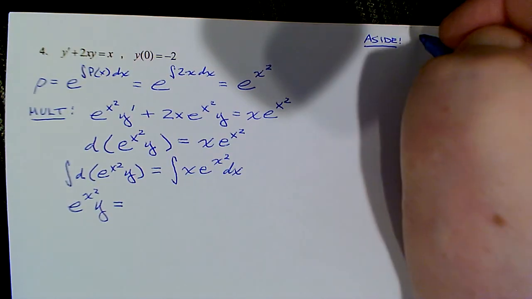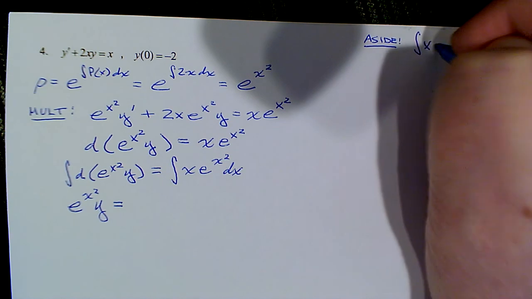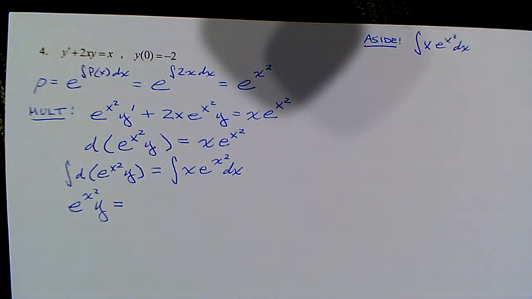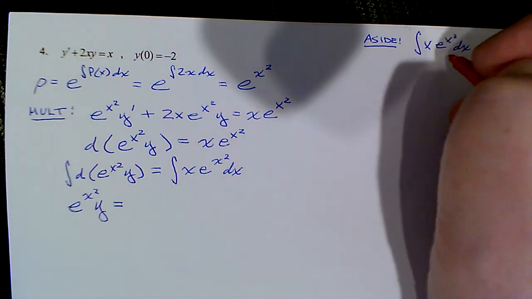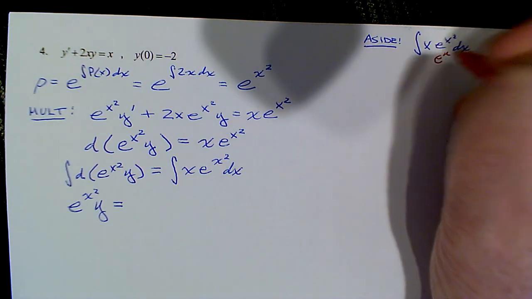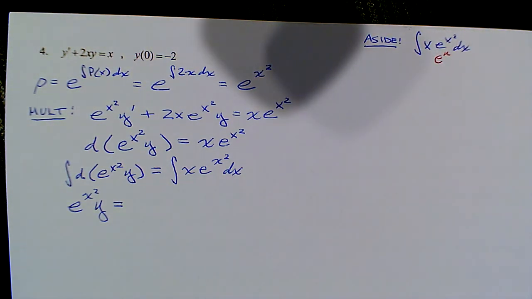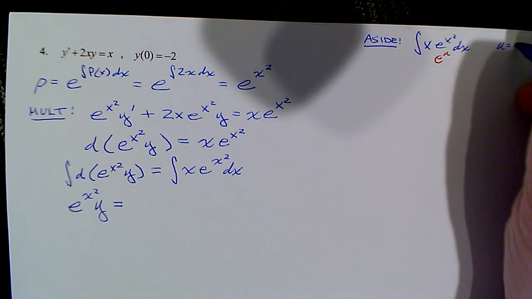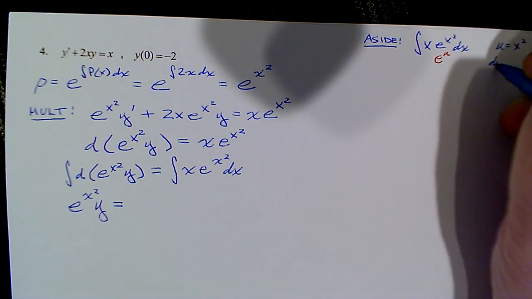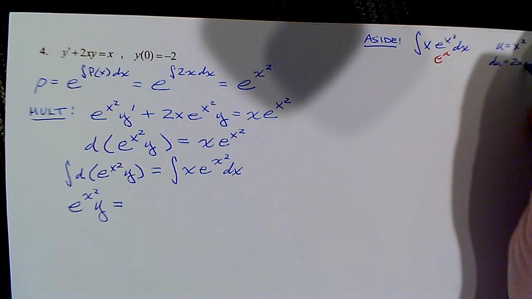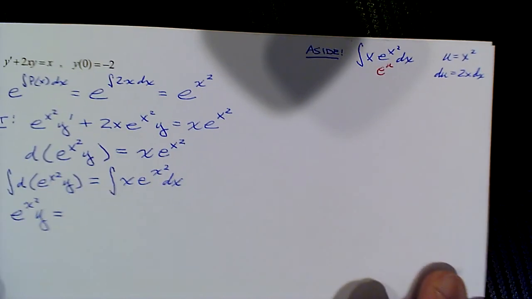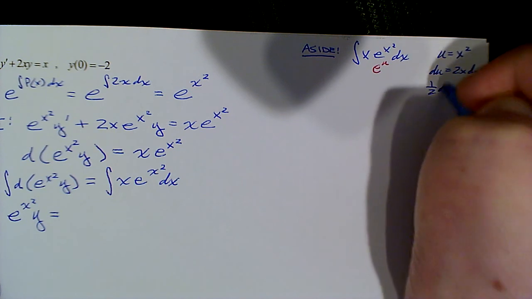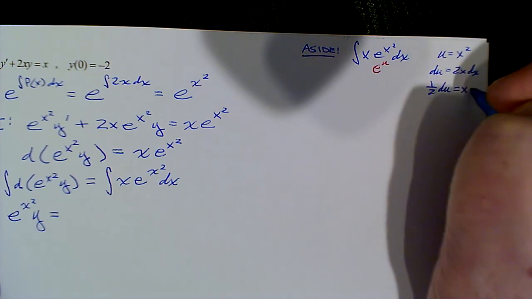Show this integration, x e to the x squared. Remember when we have a product of exponentials and algebraics, the exponentials dominate. So here we're going to try to fit e to the u by taking u to be x squared. The du is then 2x dx, and modifying we get 1/2 du is x dx.